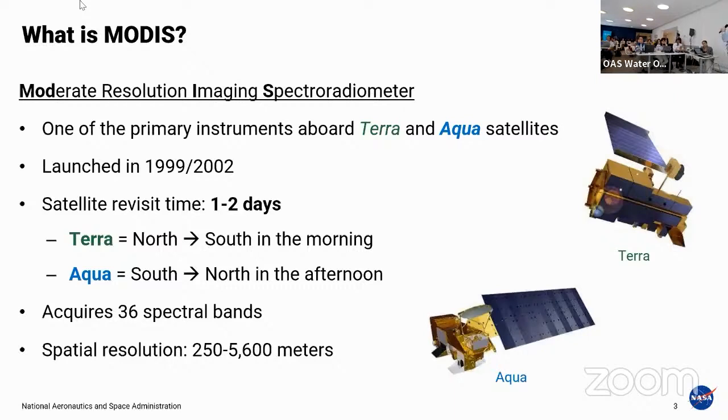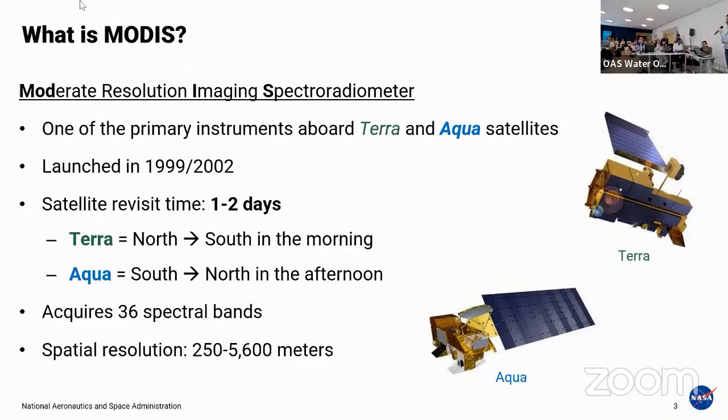MODIS stands for Moderate Resolution Imaging Spectroradiometer. This is one of the flagship sensors for NASA's Earth Observing System. It's used very widely. I'm sure some people here, raise your hands, who uses MODIS data? Good number, okay. Other sessions in the workshop will probably use this as well because it's very ubiquitous.